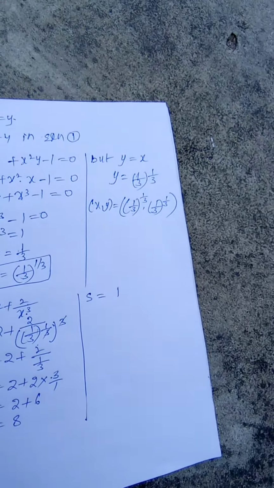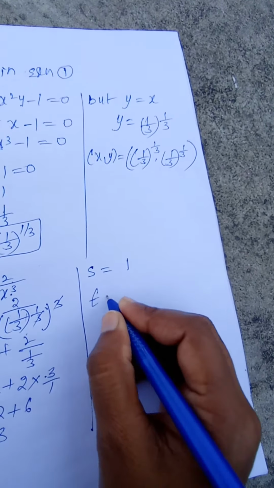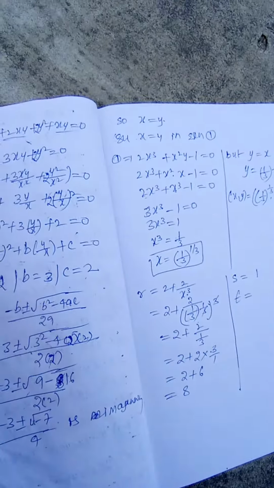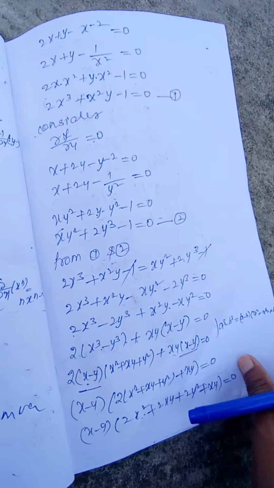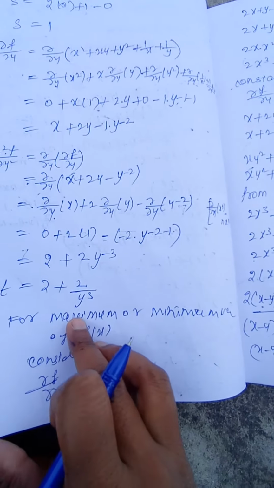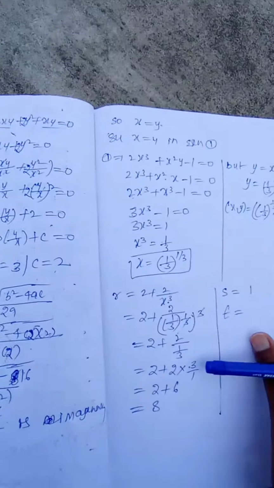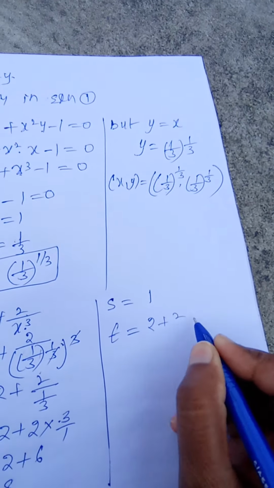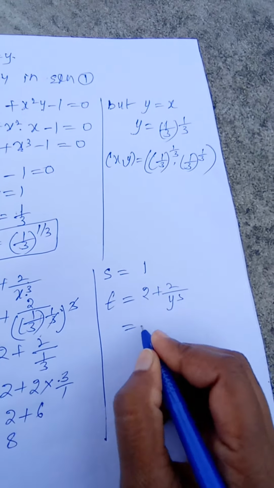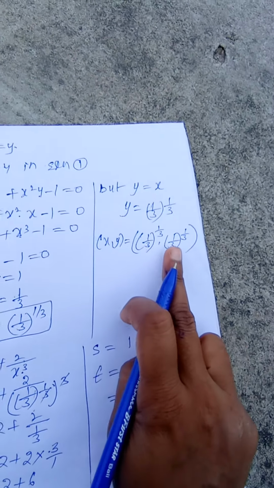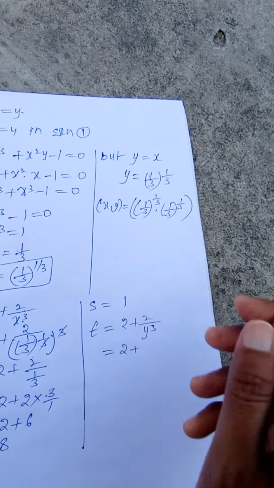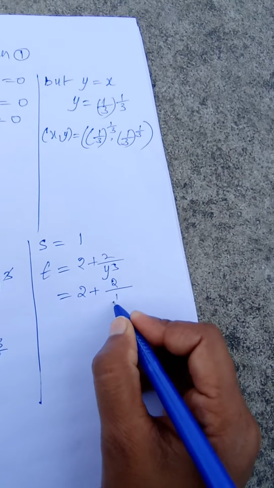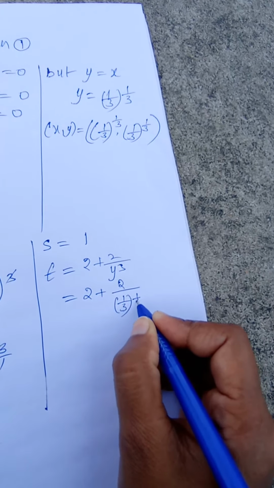Next t value. T equal to 2 plus 2 by y cube. Here substitute y cube value. So y is (1/3)^(1/3).